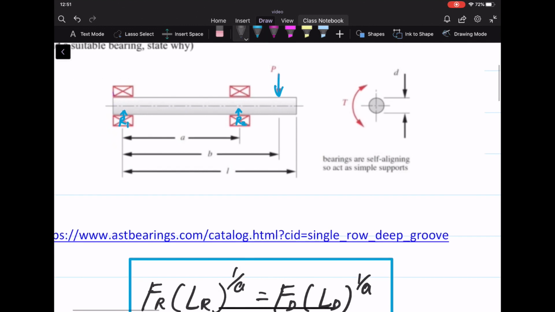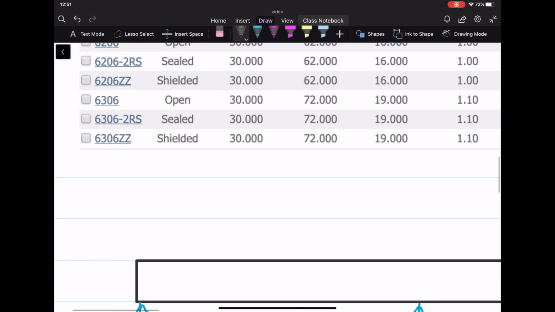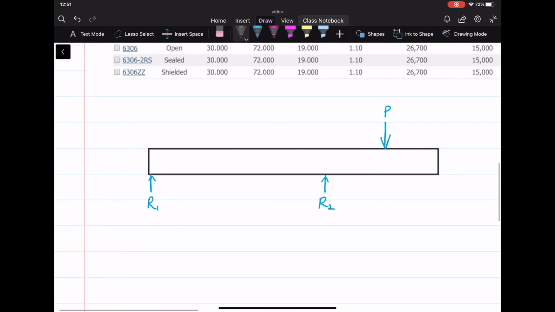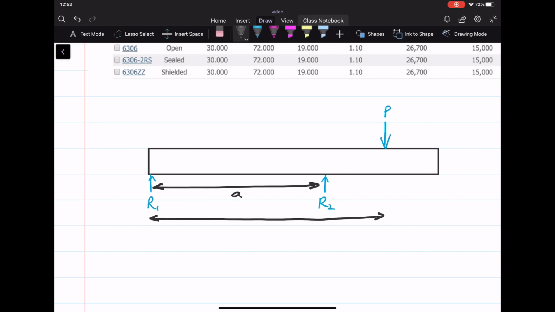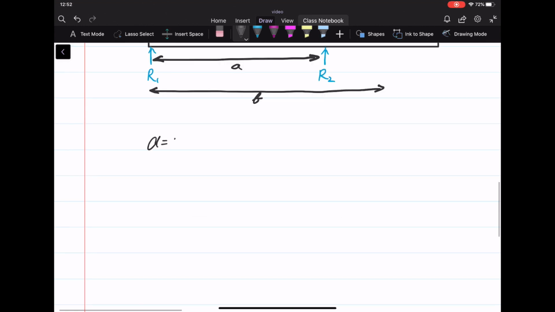And we have distances A and B, let's draw them right there. This is A. This is B.